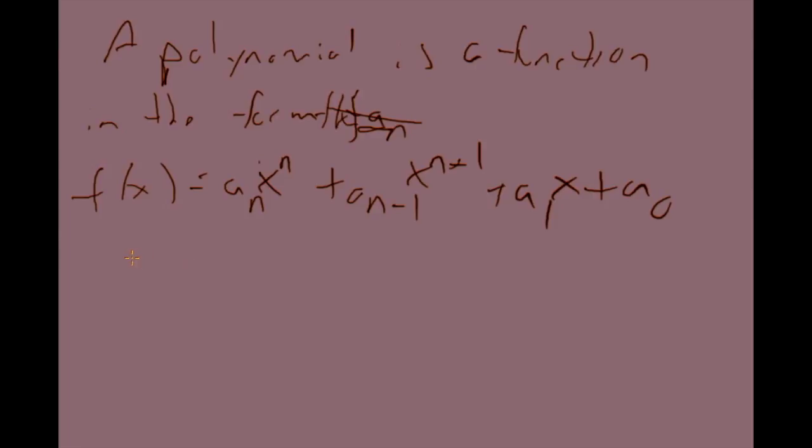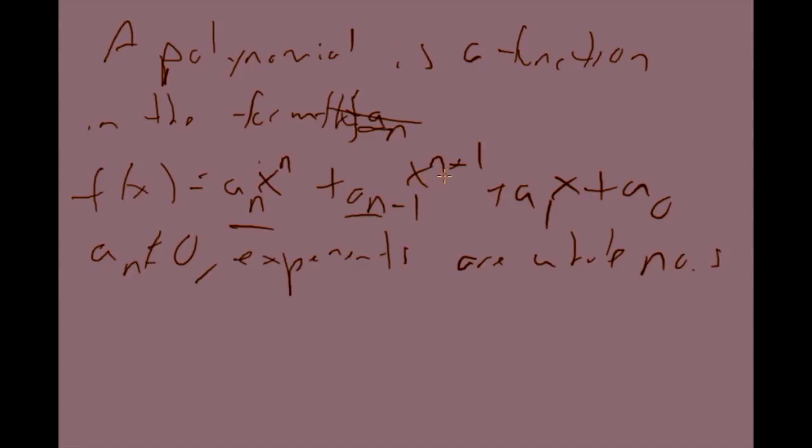Okay, so a sub n cannot equal 0, so these ones cannot equal 0. Exponents are whole numbers, so these must be whole numbers, not half an exponent or a negative exponent, and coefficients are all real numbers.